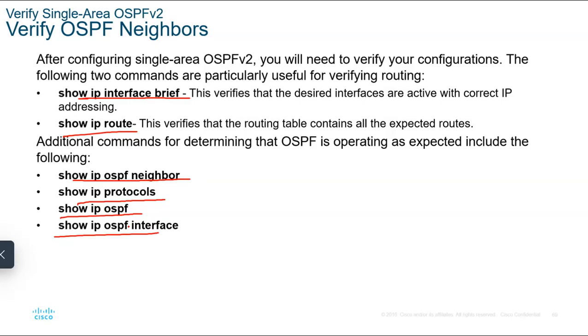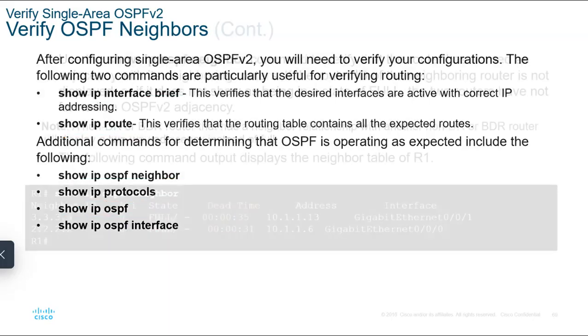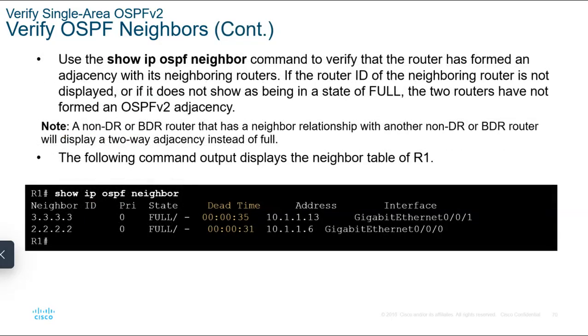Once you're familiar with them, you will be able to retrieve all the necessary information that you need from the OSPF topology. For verifying OSPF neighbors, with this command you'll be able to have this information: the neighbor ID, the neighbor router ID is this one here, then the state, and then the dead timer. As you can see, the dead timer keeps on counting.